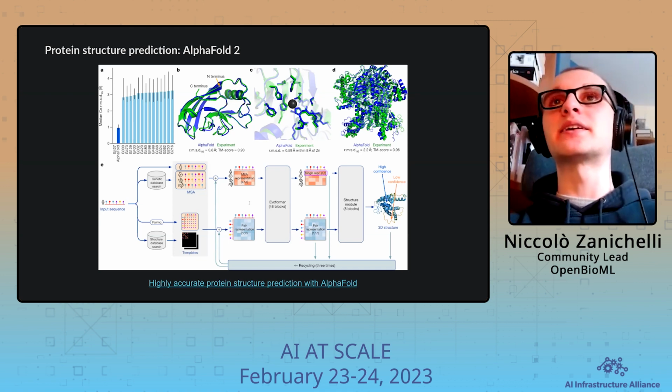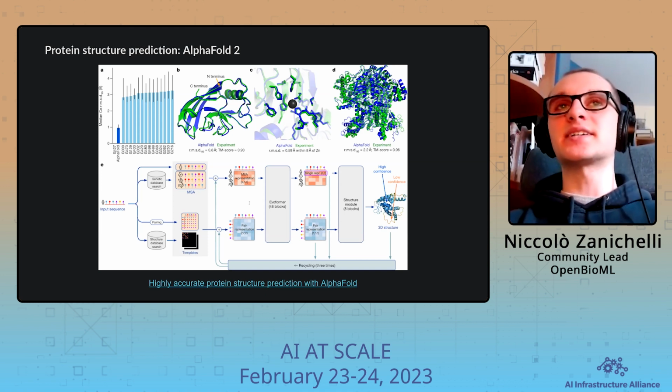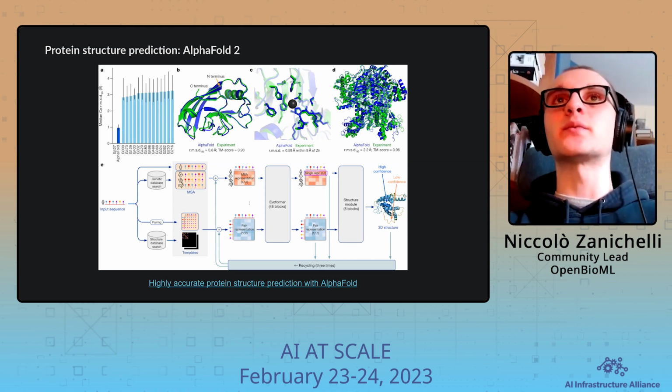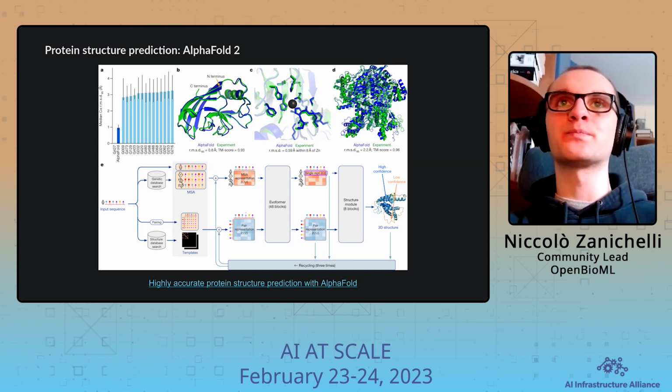The transformer dedicated to multiple sequence alignment, in orange in the image, is tasked with identifying other evolutionarily related protein sequences that are particularly informative for the prediction at hand.